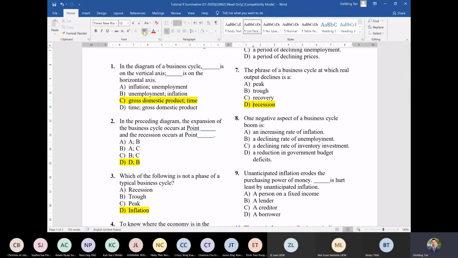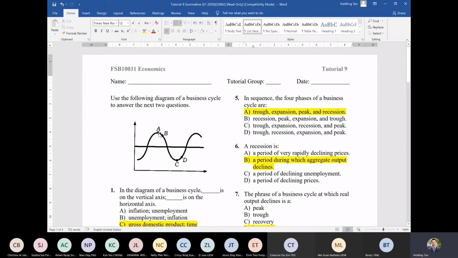Number 8, Carissa. One negative aspect of business cycle boom is a declining rate of unemployment. Boom means the economy is very good here. Boom is at point A. At point A, the GDP is at the maximum level.